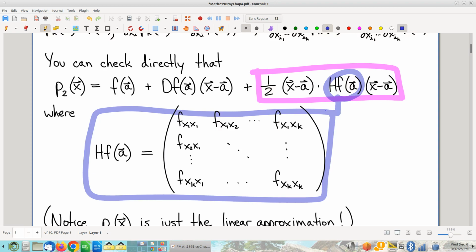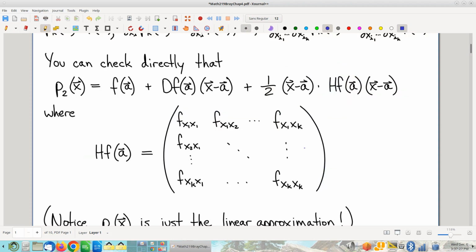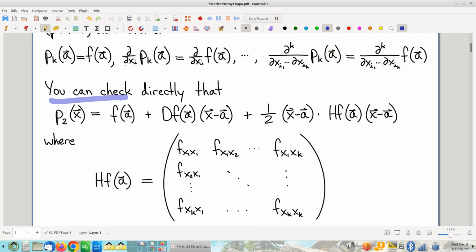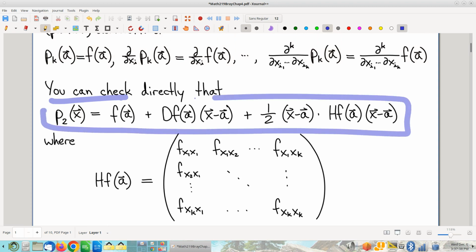So I think a really good exercise, and everybody should do this, you don't have to, but I strongly advise, you can check for yourself directly, plug and chug, that this function agrees with f in terms of value at the point a, in terms of all the partials at the point a, and so on. Well, I guess we're going to stop at the second order partials.